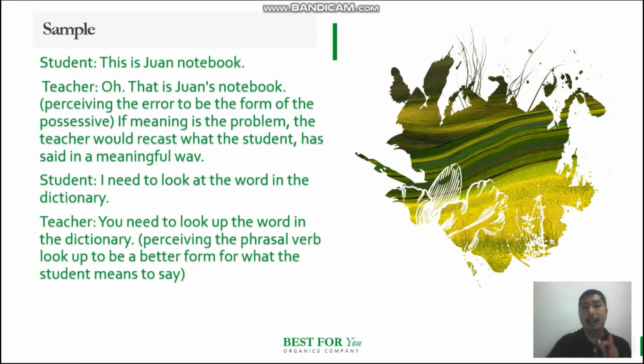Like in this example, "this is one notebook." Instead, the teacher would say, "Oh, that is Juan's notebook," perceiving the error to be the form of the possessive. "I need to look at the word in the dictionary." Then the teacher would say, "You need to look up the word in the dictionary," perceiving the phrasal verb "look up" to be a better form for what the student means to say.